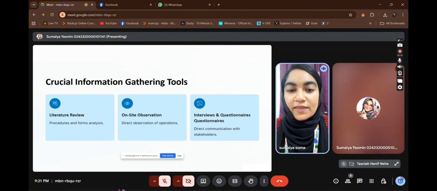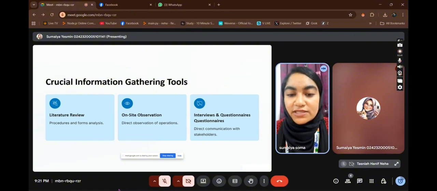Next, we have on-site observation. This means directly observing operations in real time. By doing this, we can identify gaps, influences, and areas of improvement that may not be visible on paper. Finally, interviews and questionnaires are essential for direct communication with stakeholders.